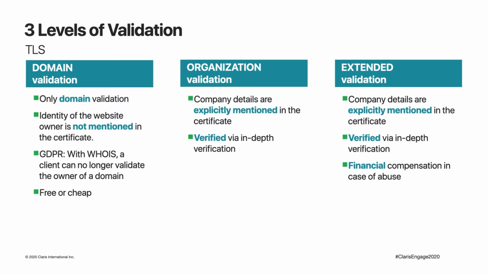So in your certificate you will not see who is the owner of the website. For the validation they also make use of the whois records of a client. As a user, I cannot always check the ownership of the domain, because since GDPR, we cannot see anymore the natural person who is owner of a certain domain.